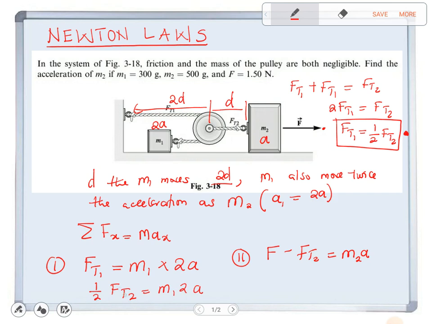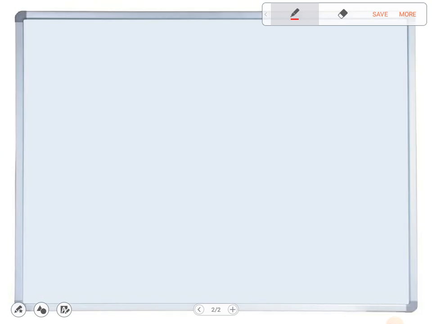Then we can make FT2 the subject of the formula by cross multiplying. This 2 is going to multiply to there, so that FT2 is just equal to 4M1A. Keeping in mind we've got F minus FT2 here being equal to M2A.